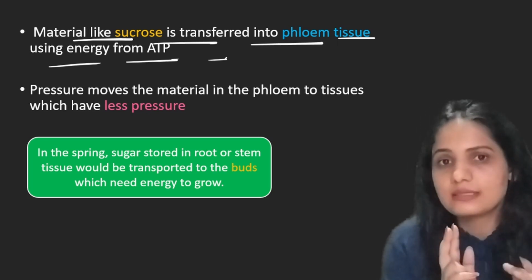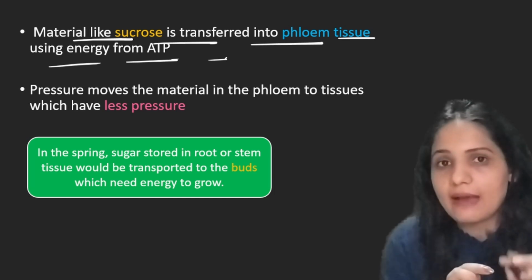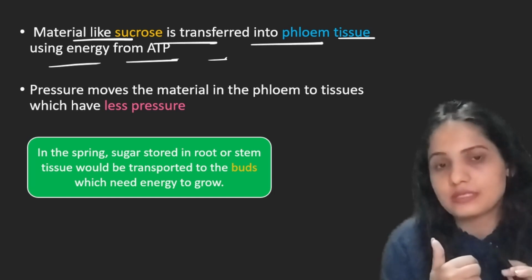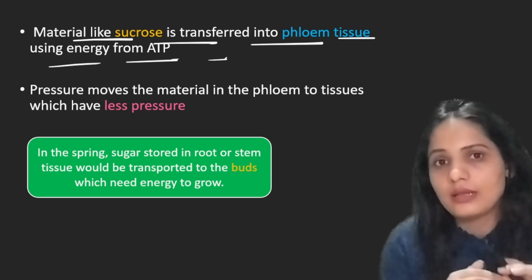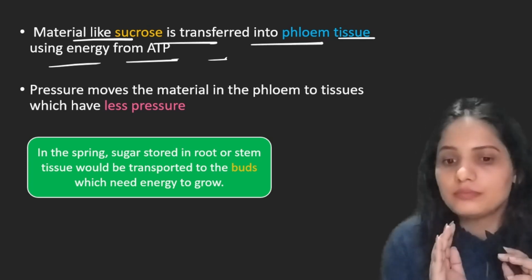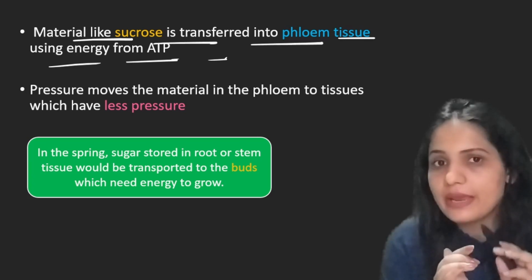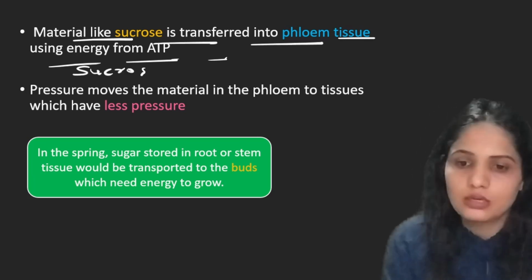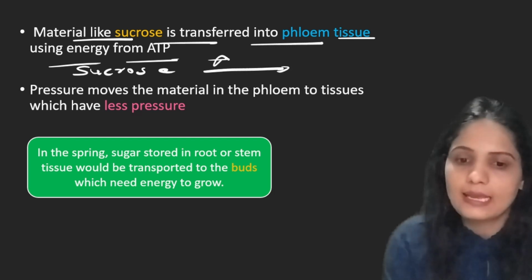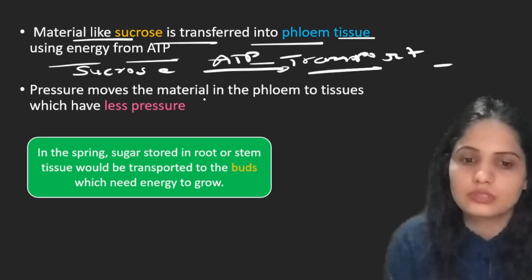Whatever process an organism needs energy for, that energy is derived from the ATP molecule, and we have covered this in our nutrition and its types part. You can watch that video for better understanding of this concept. For the transfer of sucrose, the plant needs energy, and this energy comes from ATP. Sucrose transport needs ATP energy for the process of transportation.